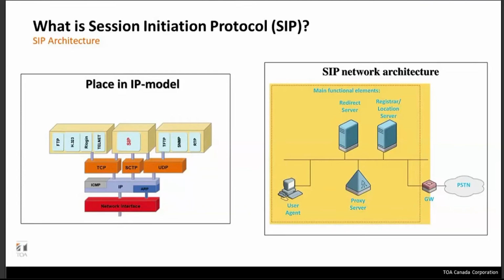But the reason we're not using H.323 anymore is that it is a monolithic architecture, whereas SIP is a very modular architecture, where if you want to ingest a new feature, you can add it in SIP. H.323 is dedicated only to voice, and because it is monolithic, you cannot add features very easily as compared to SIP.